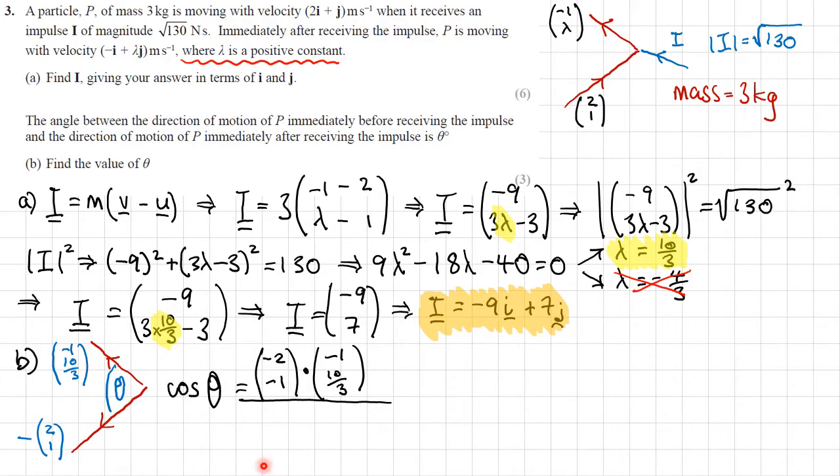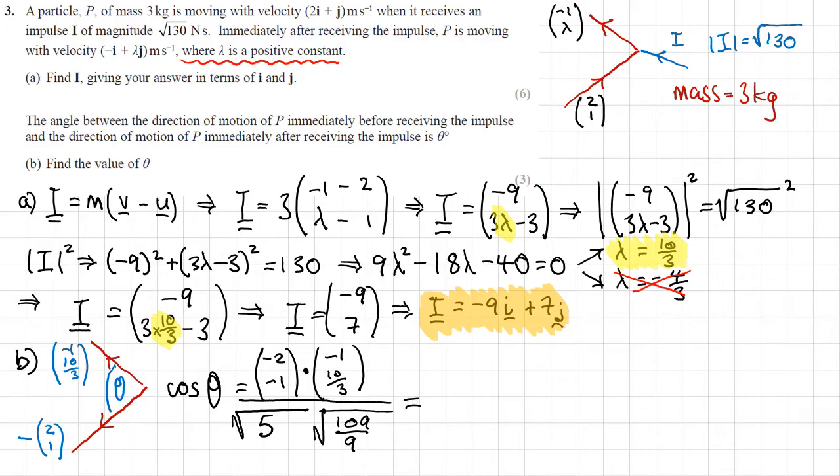So the first one is going to be the square root of 1 squared plus 2 squared, so that's the square root of 5 here, and then I want the square root of 1 squared plus basically 100/9, and that gives me the square root of 109/9.